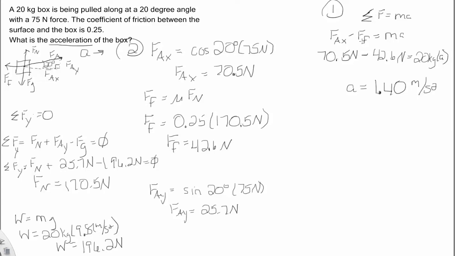Then I needed to solve for FF, frictional force, which the only way I can do is using mu times normal force, because frictional force is not equal to anything else in this problem since it's accelerating. I solved for normal force, plugged it back in to get my frictional force, which I plugged into my original equation to get my acceleration of 1.4. So that is your second angled force example problem.